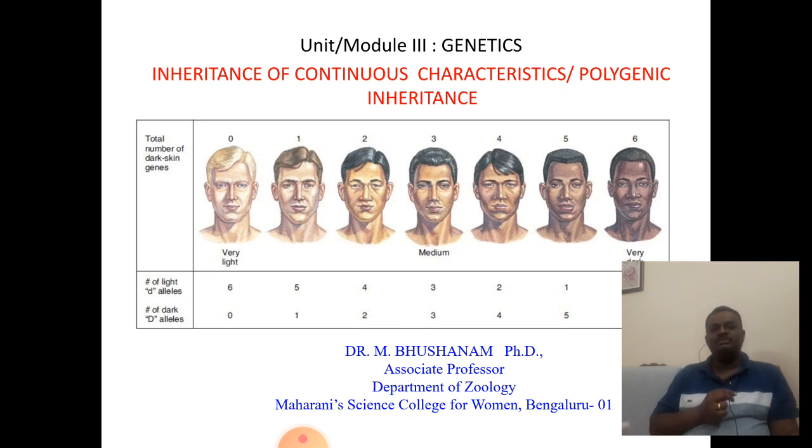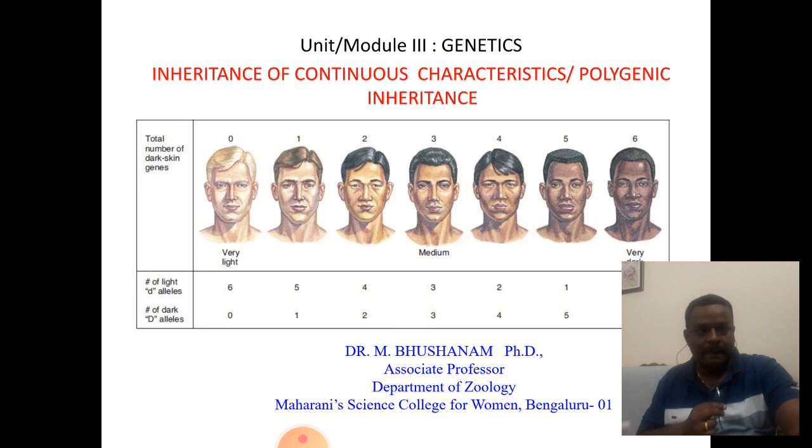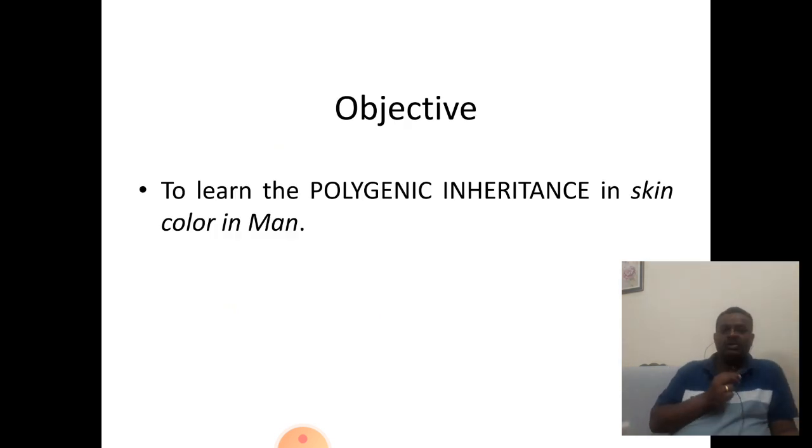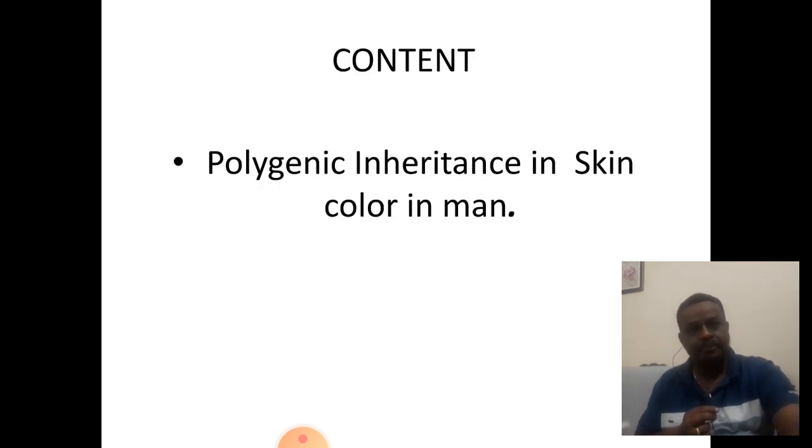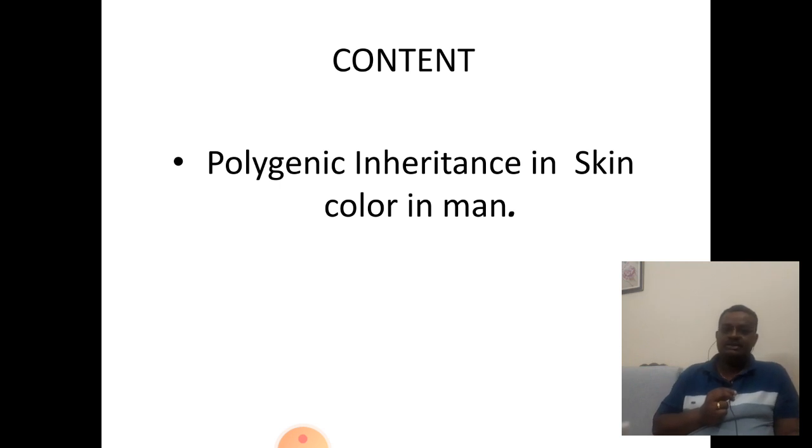So this concept is important for essay questions. Objective of today's session is to learn the polygenic inheritance with reference to the skin color in man. The content includes polygenic inheritance in the skin color of man.